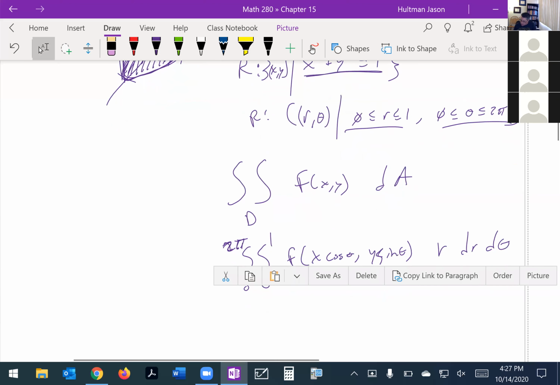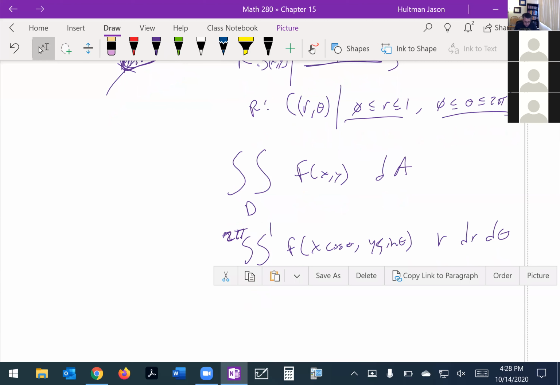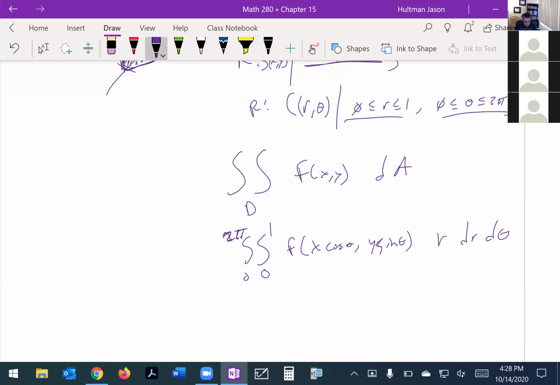Okay, so what was the original function? The original function here was z equals 1 minus x squared minus y squared. Well, how could I change that into a polar function? Isn't x squared plus y squared equal to r squared?